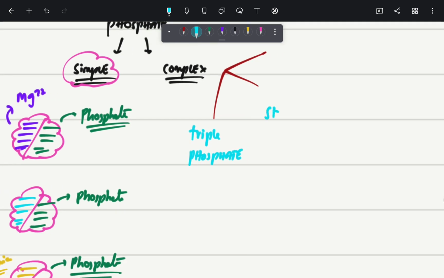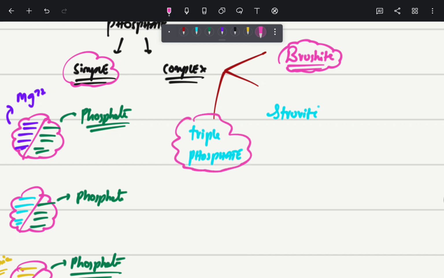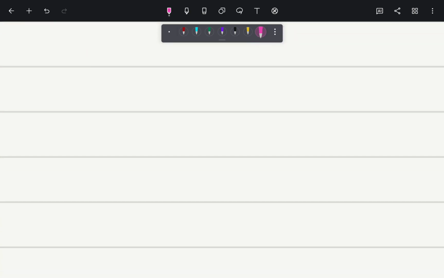The second one is your struvite stone, and the third one is your brushite stone. I will not talk about brushite stone since it is not so important, but triple phosphate stones and struvite stones are very important, and the composition of struvite and brushite is the same, and they are kind of similar to each other.